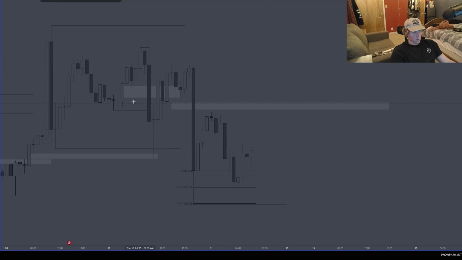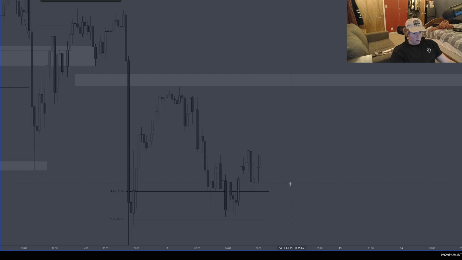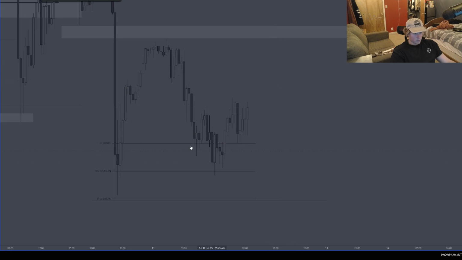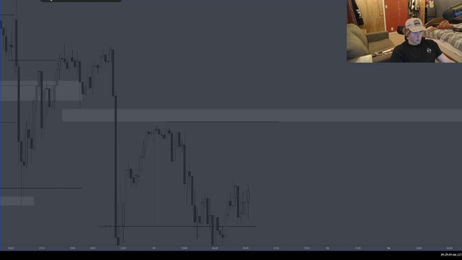We went to premium of the rejection block. So we're initially bearish to this low. And I want to see us come up there and eventually up there.